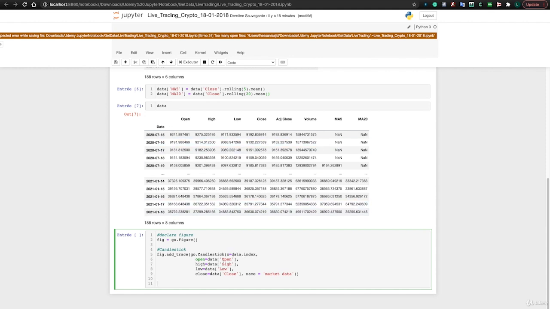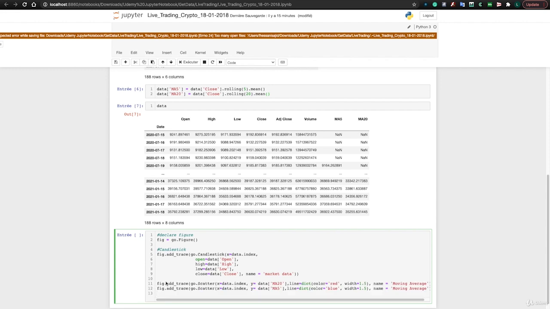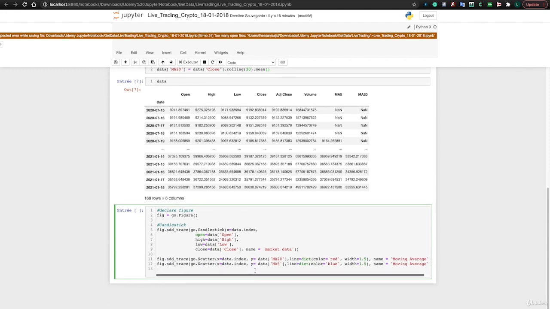X is a date. Open, you have to select the open column, high, low, close. And on top of that, we are going to add 2 traces, which are going to be MA20 and MA5. Let's do that. Okay, let's define it in green. I predefined it in blue, but let's define it in green.